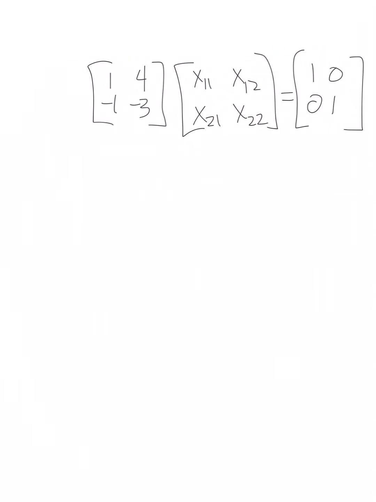So if I go row 1 times column 1, that gives us entry 1,1, and we have an actual equation. Again, row 1 times column 1: 1 times x11 plus 4 times x21 equals entry 1,1, which is 1.